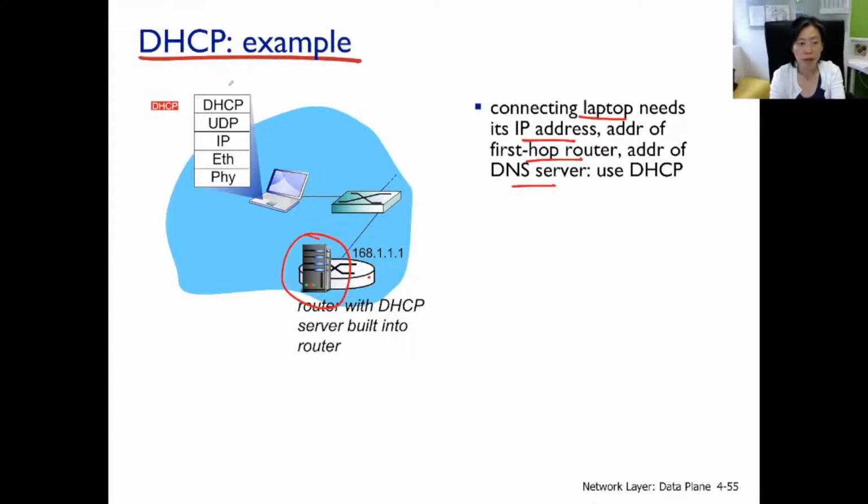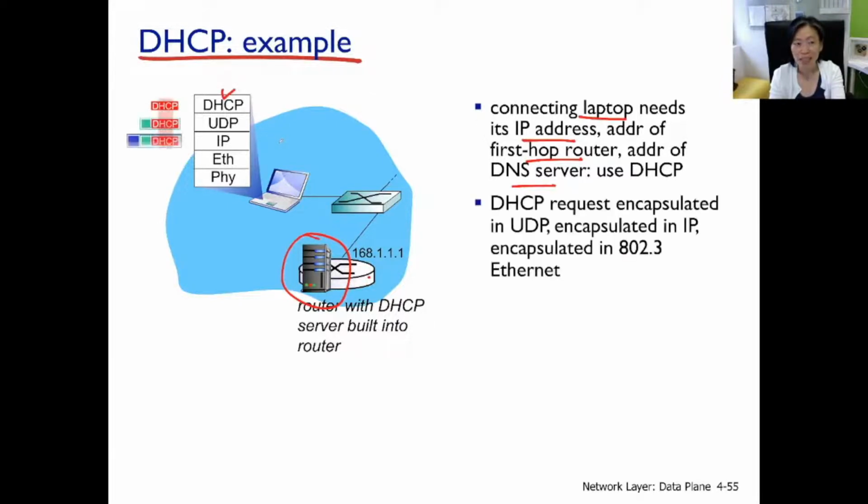So DHCP is actually right here, an application layer protocol. And that DHCP discover or DHCP request message is going to be what? Passed to UDP, adding the UDP header, pushed down to the network layer adding the IP header, and pushed down to Ethernet adding the Ethernet header and trailer. So the DHCP request gets encapsulated into a UDP packet, further into an IP packet, further into an Ethernet frame.